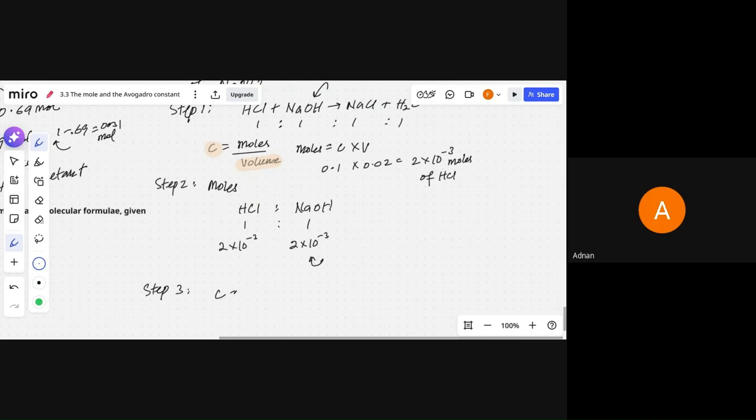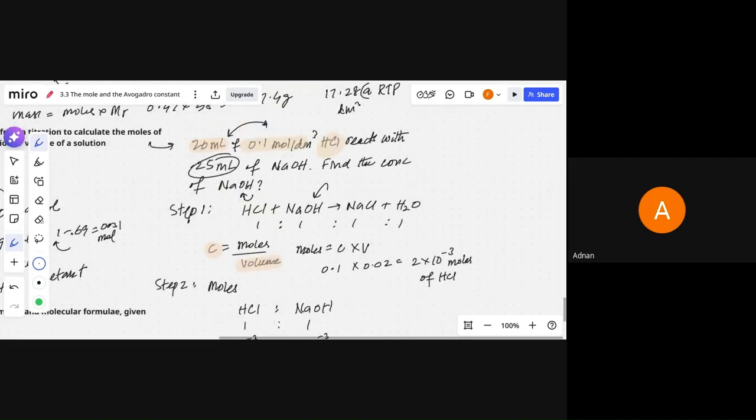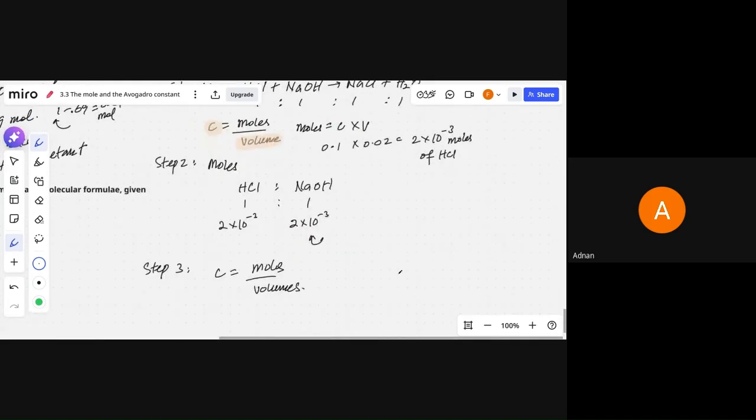The formula, we already know, is moles over volume. The volume for sodium hydroxide is given, it is 25 milliliters. So don't forget to convert it into dm cubed. So this is 0.025, and moles are 2 times 10 to the negative 3, right?